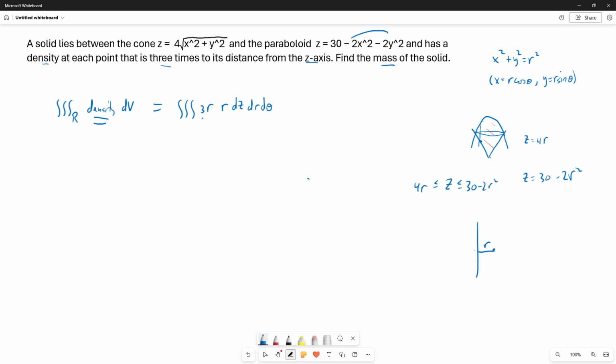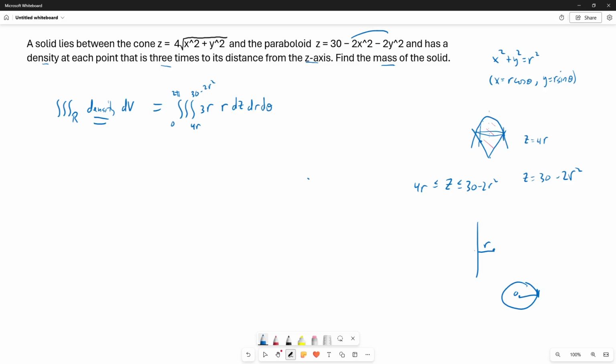So z goes from 4r to 30 minus 2r squared. Theta is going to go from 0 to 2 pi all the way around a circle. And then if we look down on this object, it will just be this circle here. So theta from 0 to 2 pi.